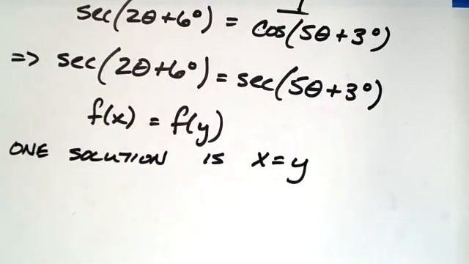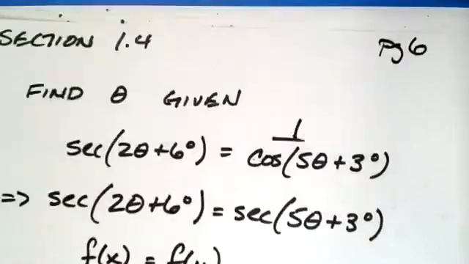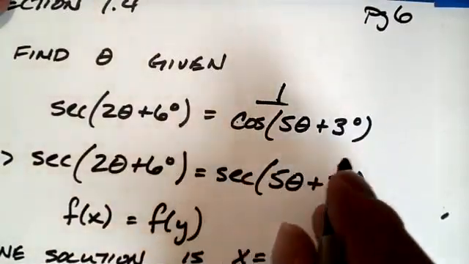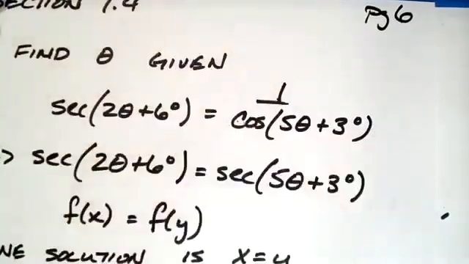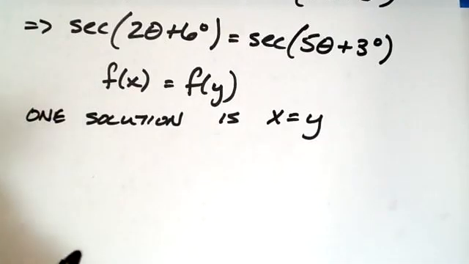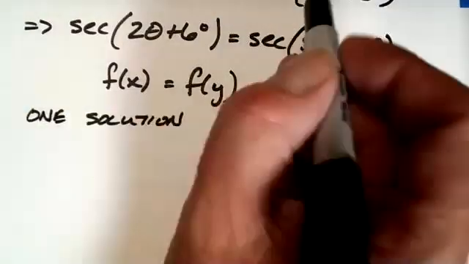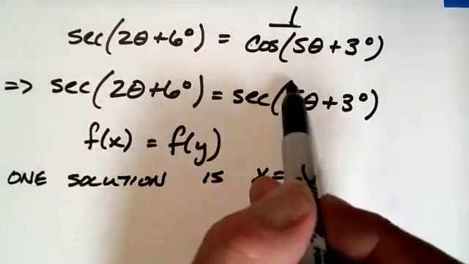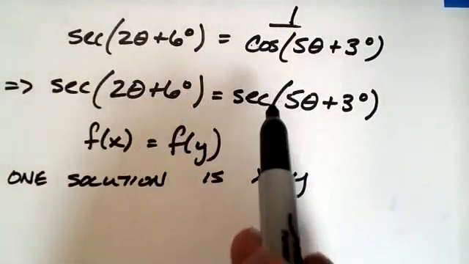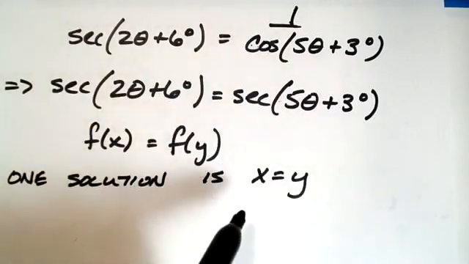It's not necessarily the only solution, but it is one of them. So the critical step here is recognizing that this fundamental identity allows you to have a function of x equal to a function of y, and then you can make this little step.